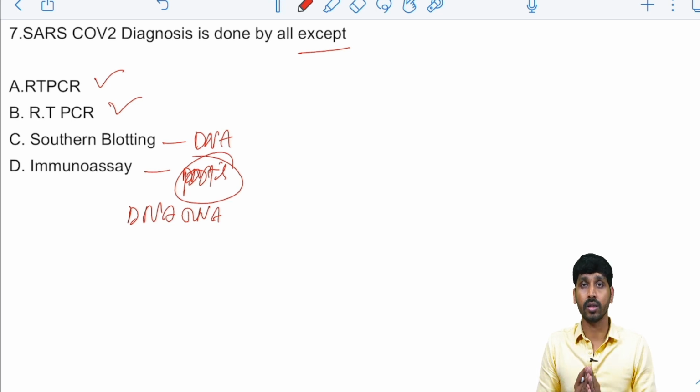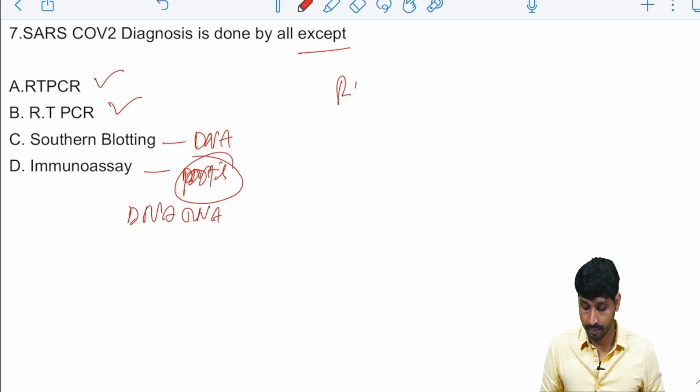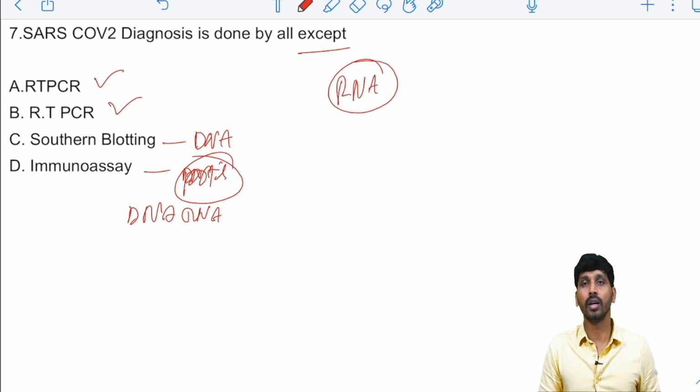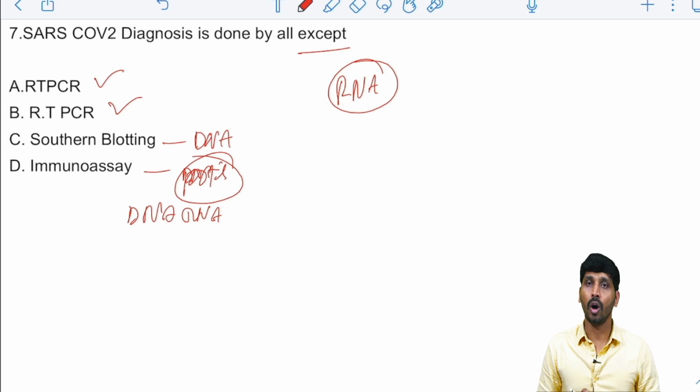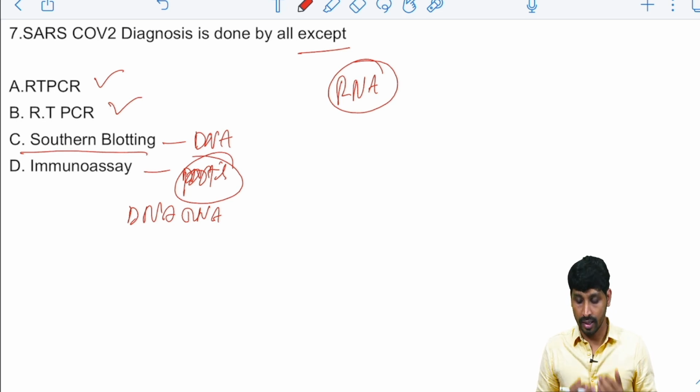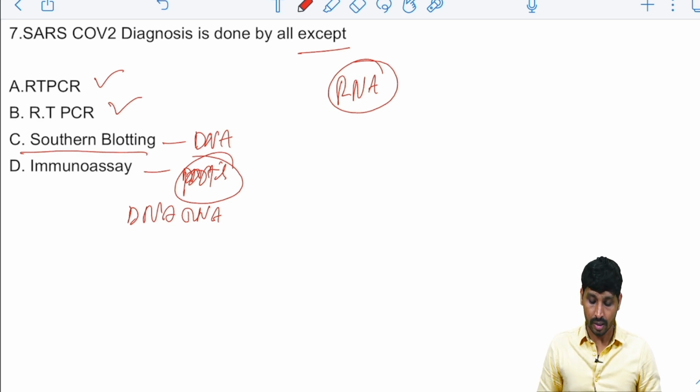It is a virus. So what is the genetic material in this virus? RNA, right? Not DNA. So with this little logic, we can eliminate the exception, that is Southern blotting. Southern blotting is for DNA, right? That is the reason we use the reverse transcriptase method to identify the virus RNA. So Southern blotting cannot be used for diagnosis of SARS-CoV-2.